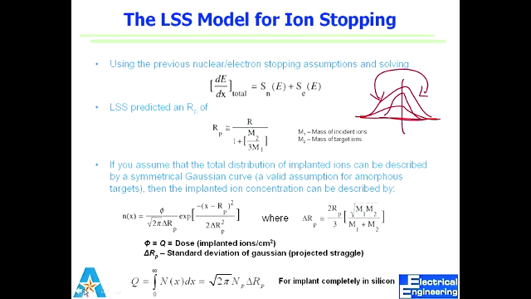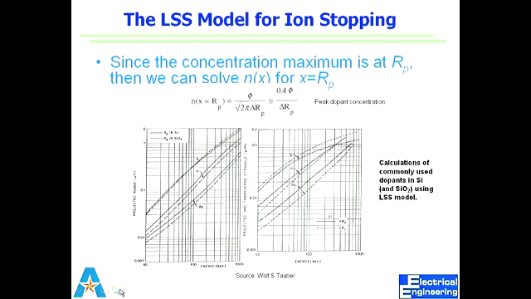But for an implanted dose within silicon, that reduces to this. And if you look at this relation and put the value of Q here, it gets further simplified to something like this.